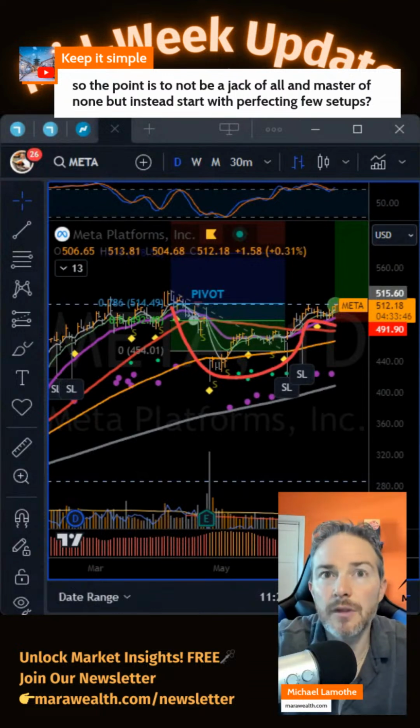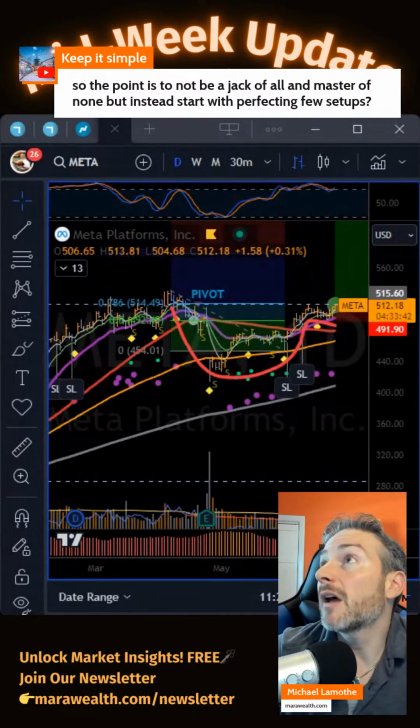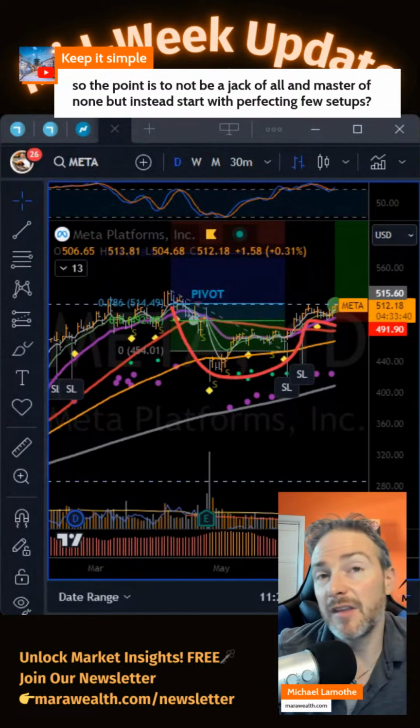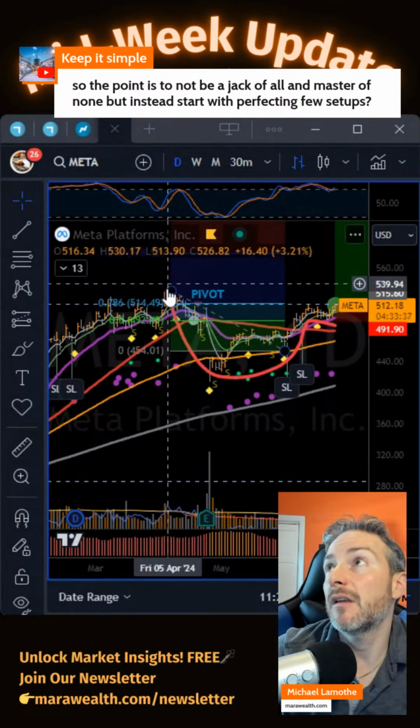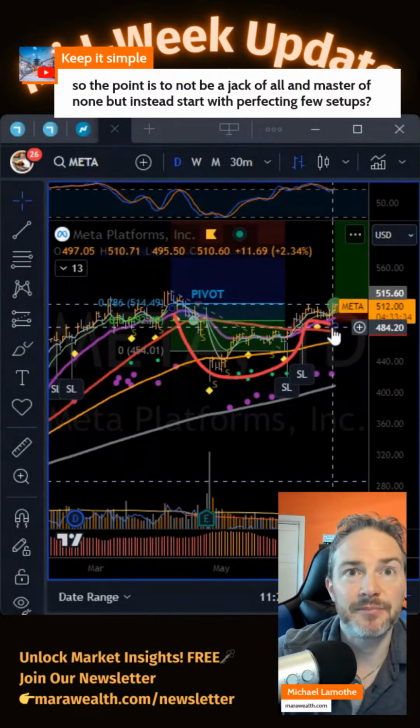All right, so when I look at the chart of Meta, I see this cup with handle pattern. You see where I drew the red line there, and it kind of looks like a teacup. That's a cup with handle.